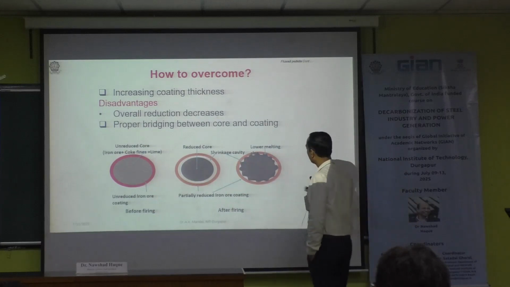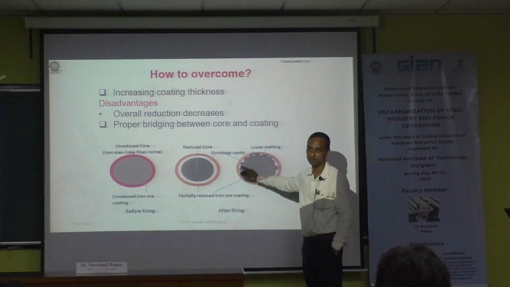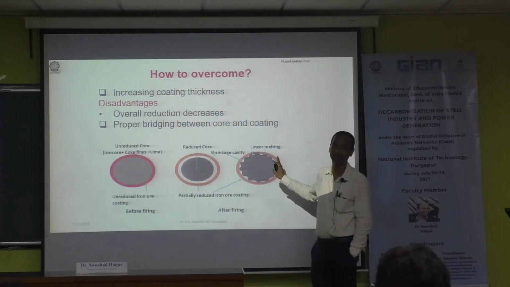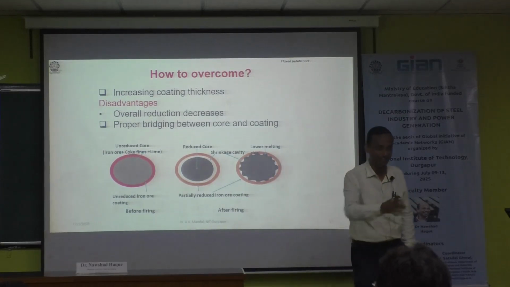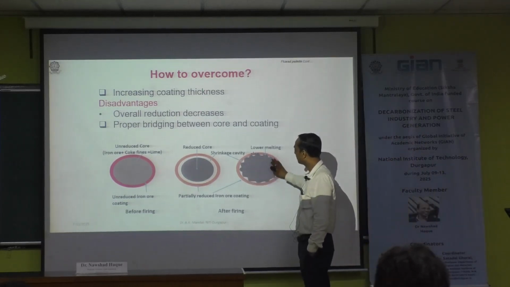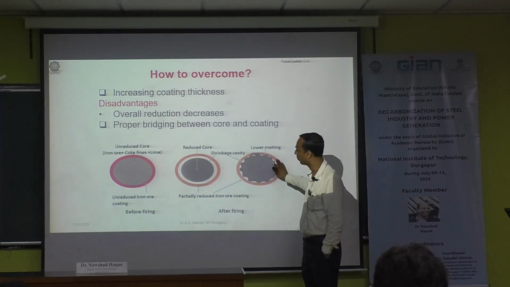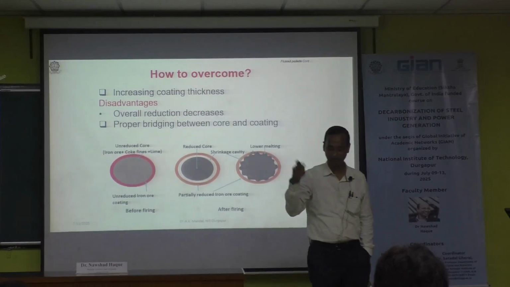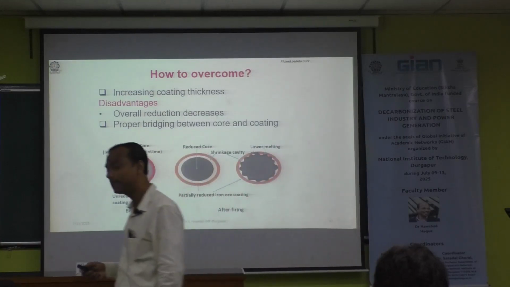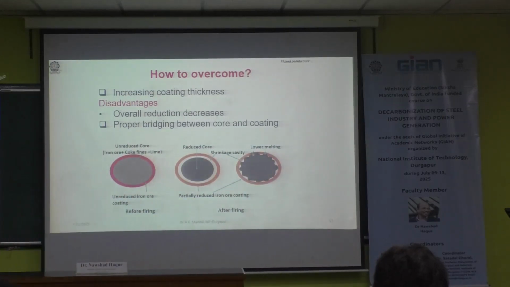We incorporated something along with the basicity, because this is still a patent we submitted a few years ago. We incorporated it here, and after that we applied the coating, and we got a strength of 295 kg, which is acceptable.